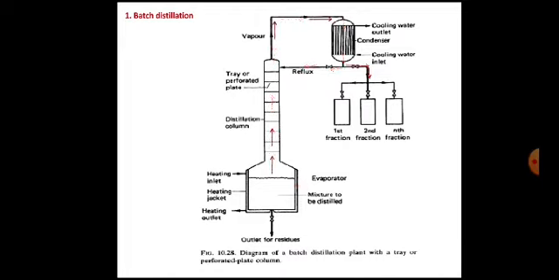They are called first fraction, second fraction, and so on. This is continued till there is presence of solvent detected in the condensate. This is the working of the batch distillation process.